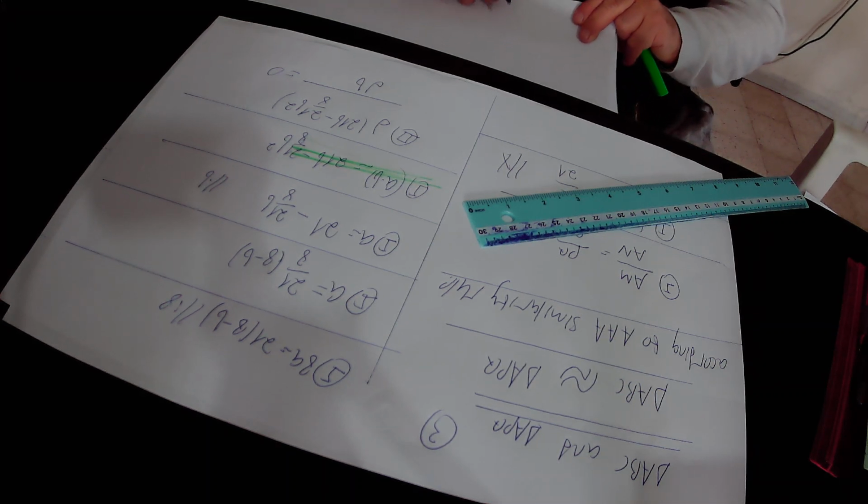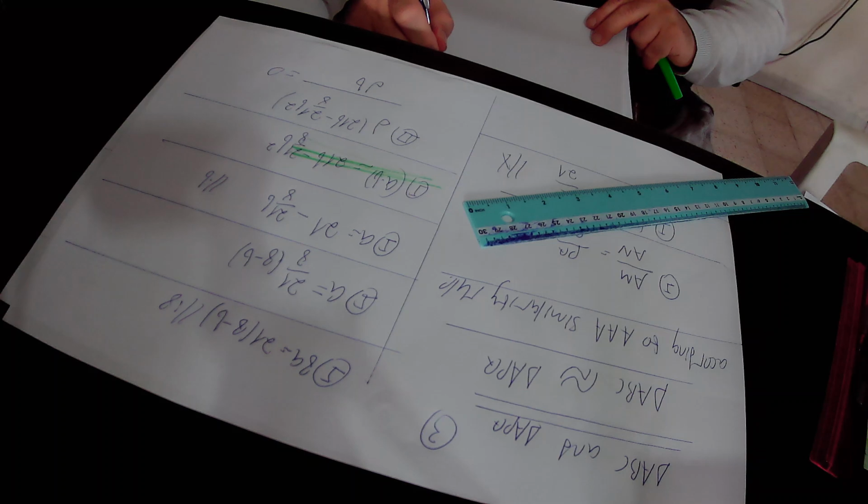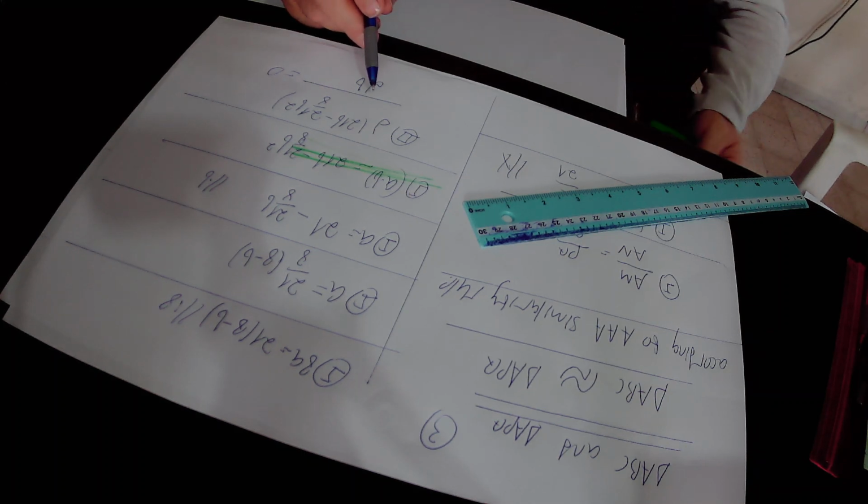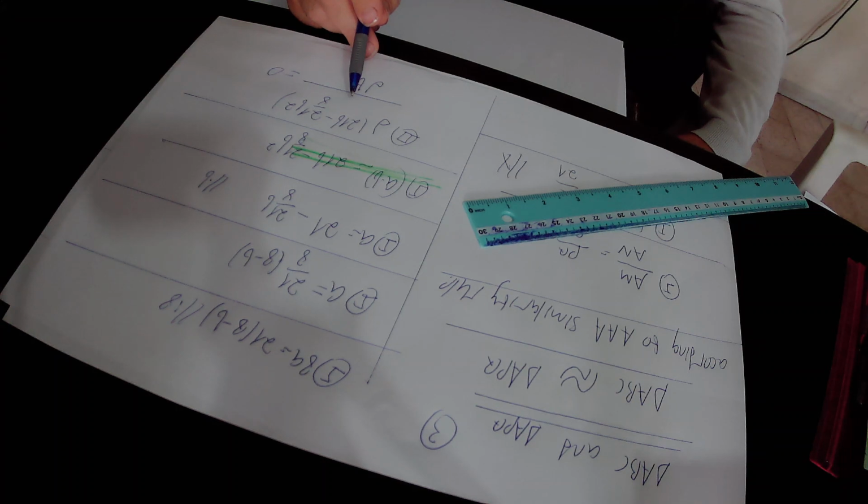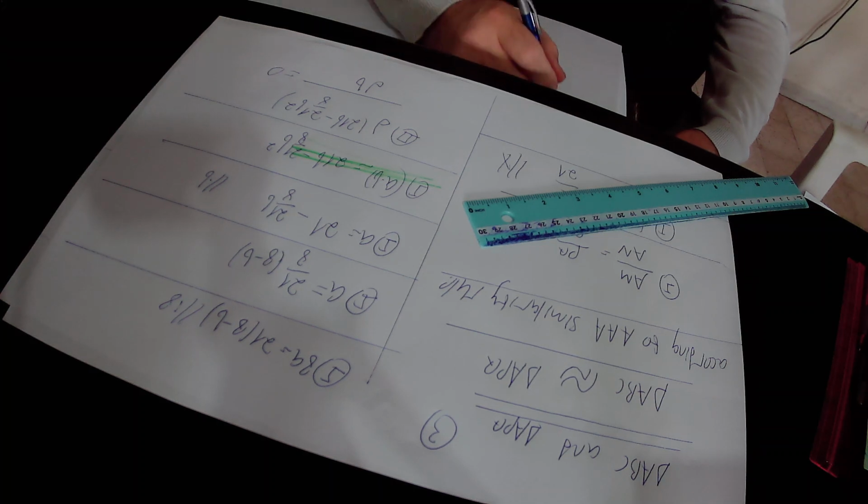So what is the derivative of 21b? We know that the derivative of b is 1, and therefore in total the derivative of 21b will be equal to 21 times 1, that is 21.